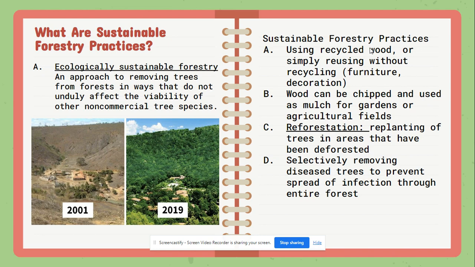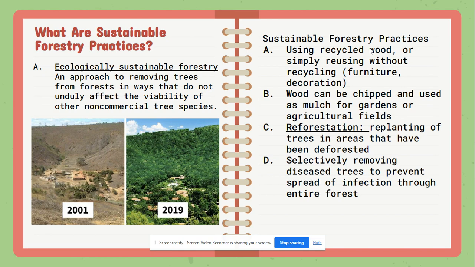Wood can also be chipped and used as mulch for gardens or agricultural fields. So parts of the wood that we can't use in some everyday practice, we could continue to use for other purposes as well, so we're not only using one part of the tree.